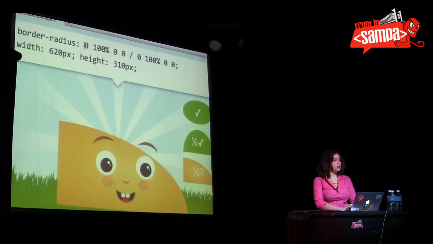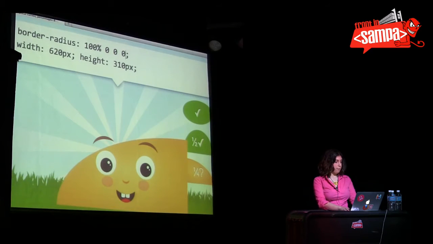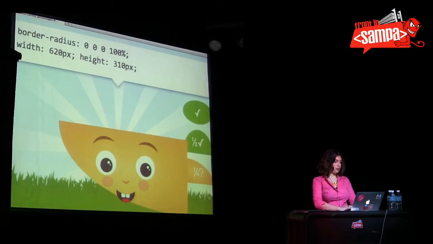And since these two are now the same, we don't even need the slash anymore. So it's just this. And we can even make different quarter ellipses by changing where the 100% is. Like, you can do this, all sorts of things.